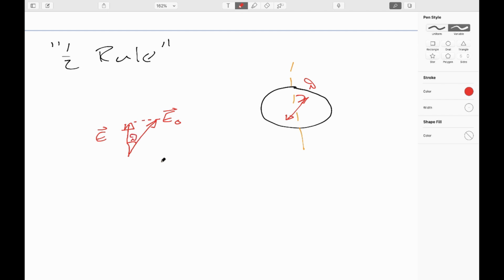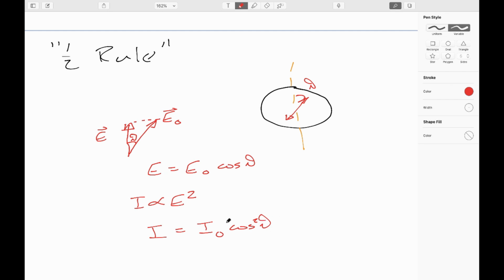So we can look at this and realize that the electric field strength that gets passed through will be the initial electric field strength times the cosine of theta. Now, if you remember from before, we showed that the intensity of the light was proportional to the electric field strength squared. So this means that the intensity of the transmitted light will be equal to the intensity of the original light times cosine squared theta.